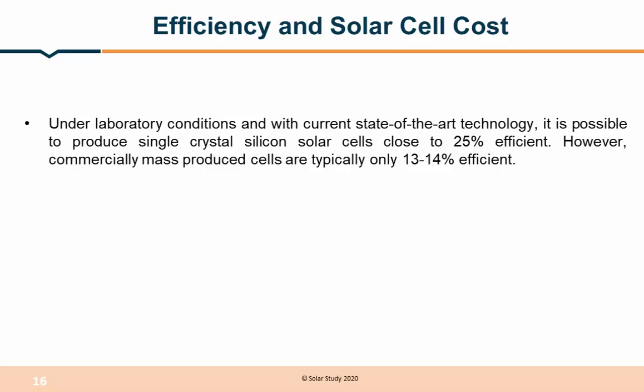Under laboratory tests we have achieved an efficiency of the crystalline solar cell close to 25%. However, generally available solar panels in the market are around 14 to 17% maximum. Now it has reached around 18 to 19% in the market.